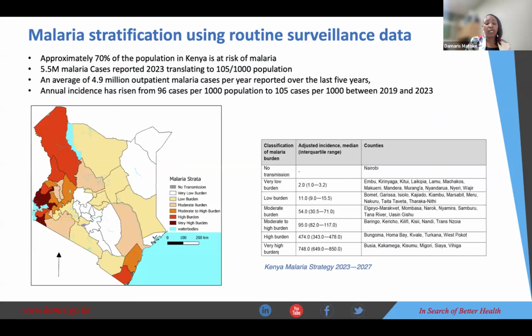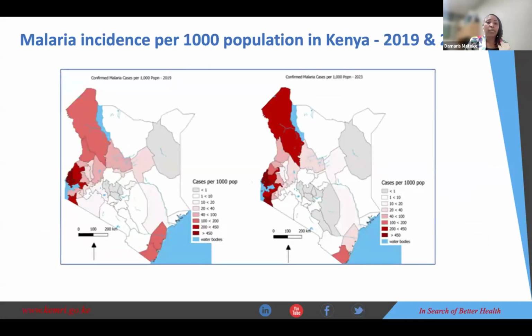Before I move to the next slide, I'd like to mention that of the 47 counties in Kenya, the very high burden counties have been documented to be Busia, Kakamega, Kisumu, Migori, Siaya, and Vihiga, most of them in the western part of the country.